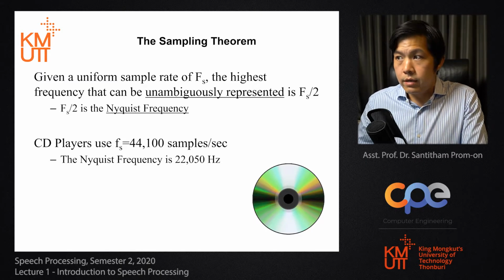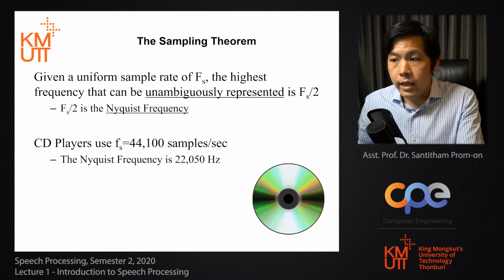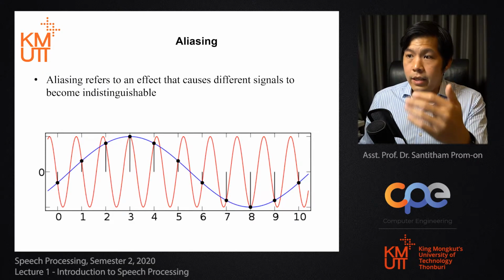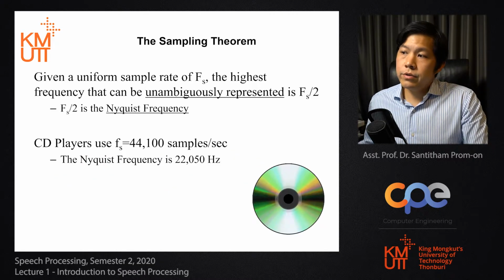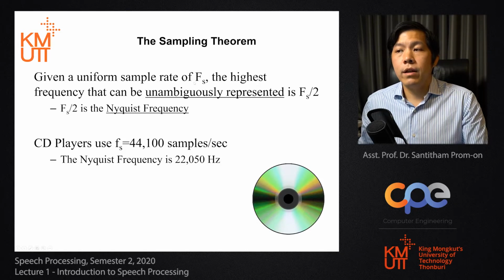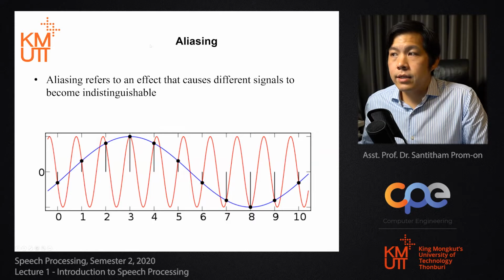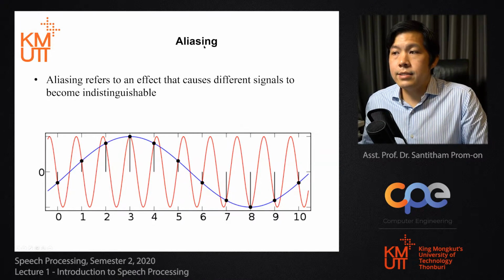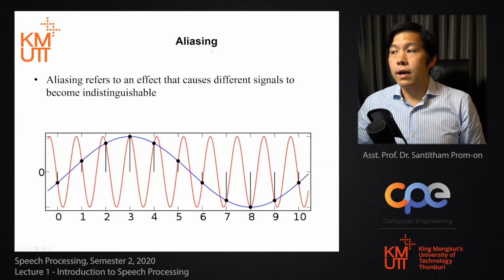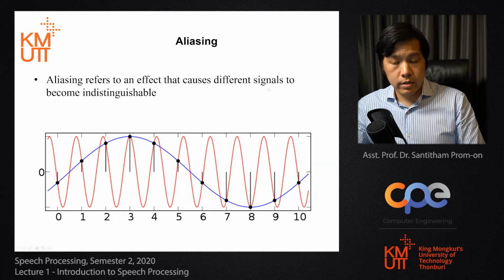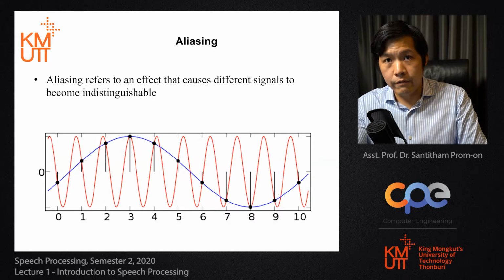So sampling frequency relates to the maximum frequency that you want to record. If you are sampling with not enough sampling frequency, you will create an effect called aliasing. Aliasing is the effect that causes the signal to become indistinguishable between the high frequency and the low frequency.